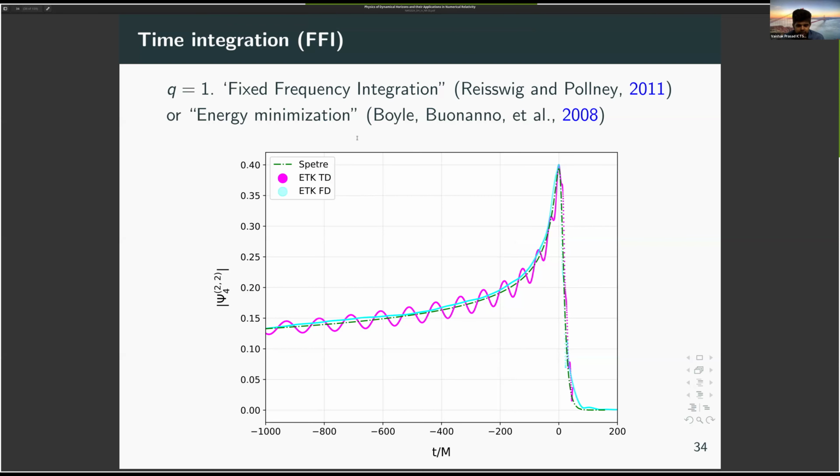So what fixed frequency integration does is basically it identifies low frequency noise in the Fourier transformed version of the strain of psi4, and then basically sets that to zero. And the hard part is identifying exactly what frequencies constitute the unfavorable frequencies.